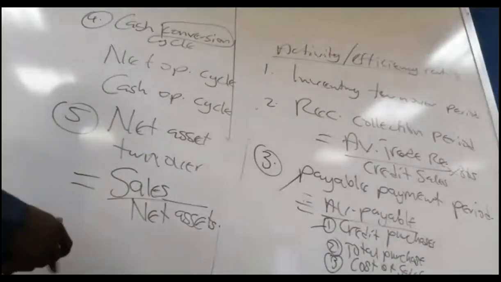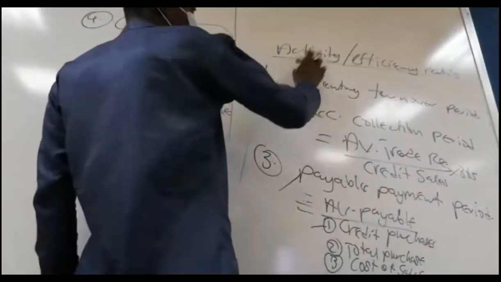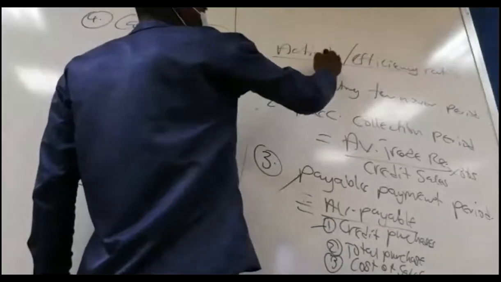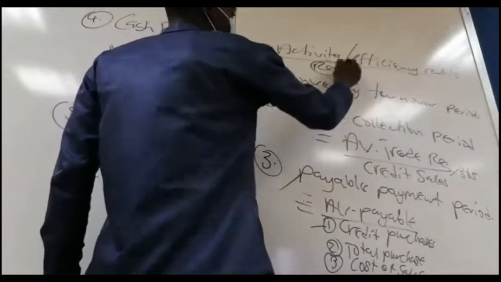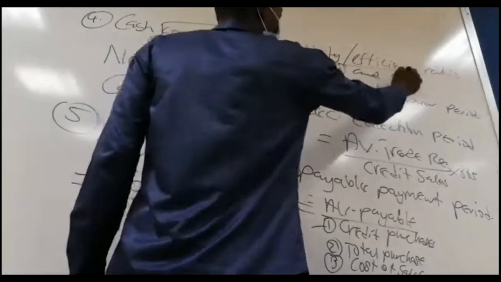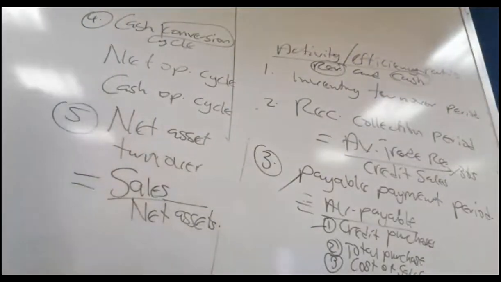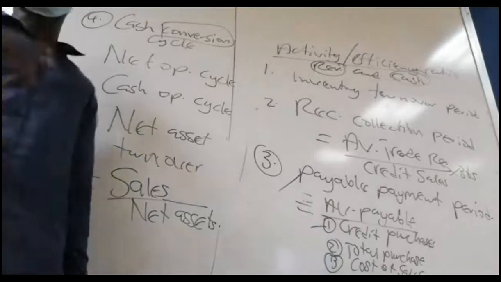We said activity ratios are how the organization uses the asset to generate revenue, that's profitability, and cash. I circled this one and said we'll talk about it. So efficiency is how you use your asset to generate revenue and cash.